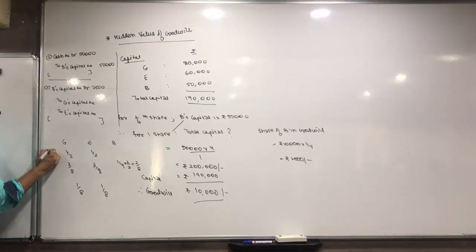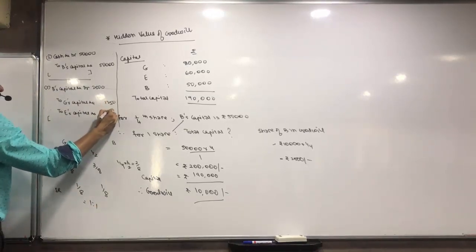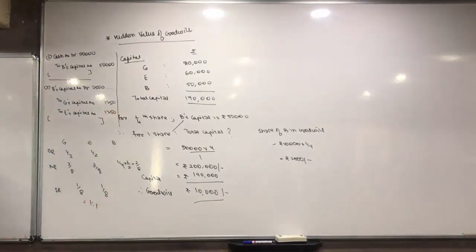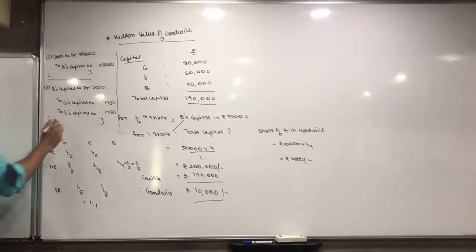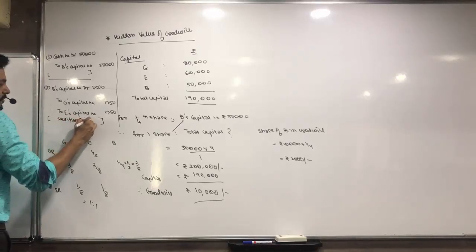So sacrifice ratio is equal to 1:1. 1250, 1250. Being B's capital account debited for not being able to bring goodwill. G and E's capital account credited, in sacrifice ratio.